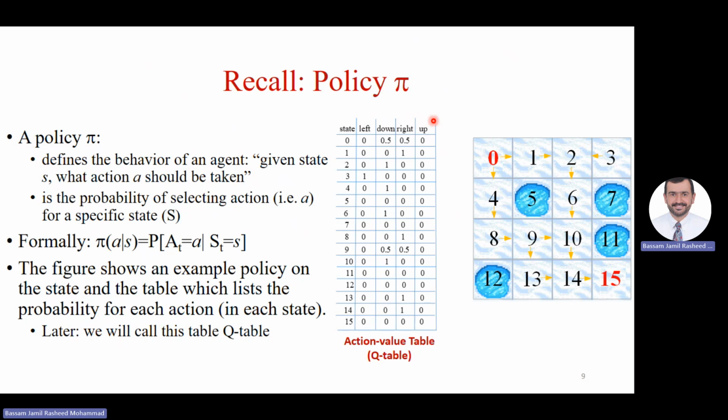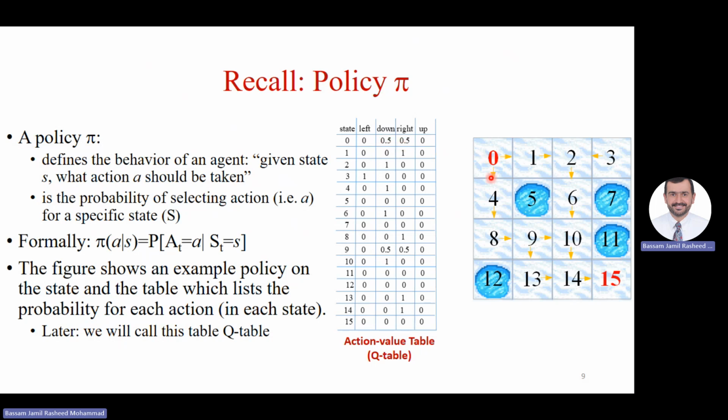Those are the actions. So this table really, the rows are the states, the columns are the actions, and the values here are the action values. So if I'm in state 0, which action should I be taking? Well, clearly down and right are the top 2 actions because their action values are the highest.